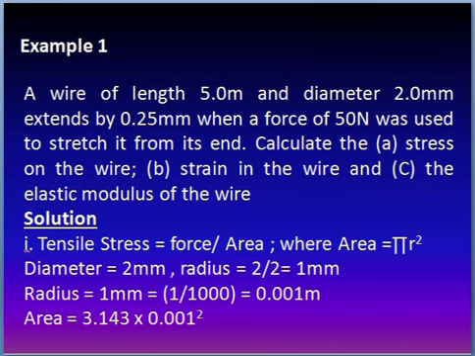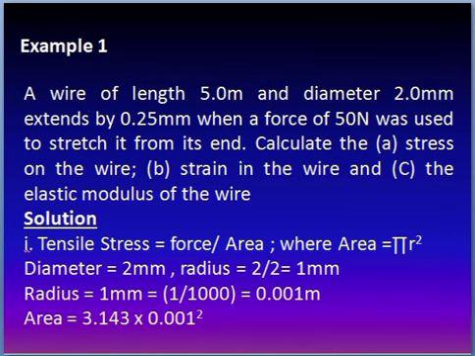In order to solve this, tensile stress is equal to force divided by area. When we want to calculate the area of the wire, we use area equals pi r squared, which is the area of a circle.